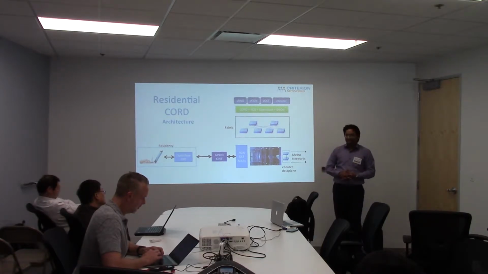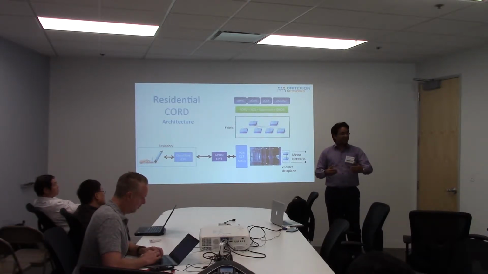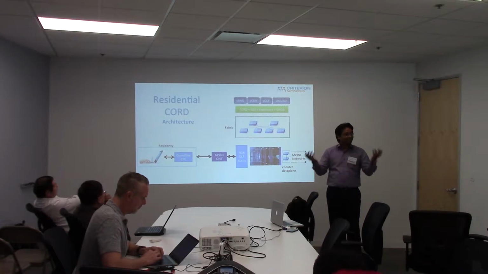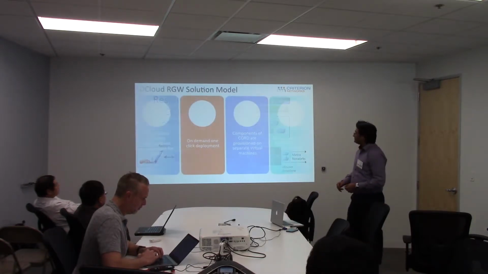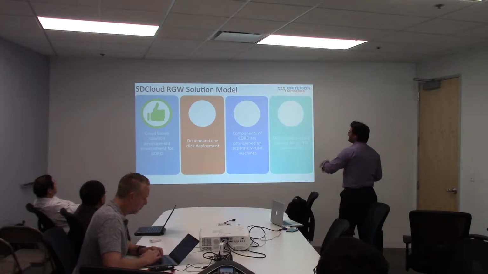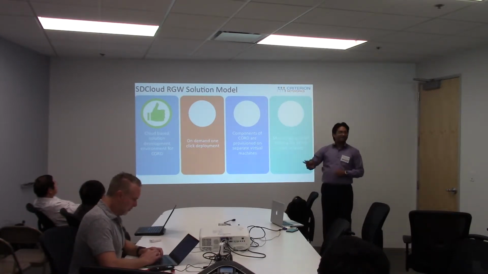That eased the requirements, because you can now start using not only CloudLab but any other infrastructure. So that is essentially what we did. Basically, what we have is a cloud-based solution development environment for CORD, and it's completely on demand.